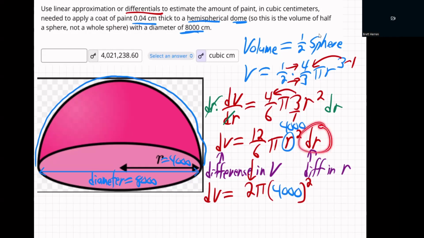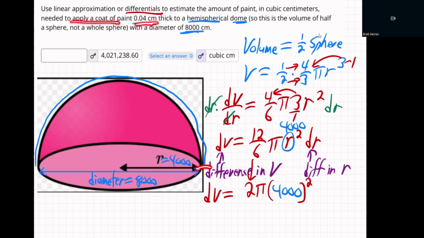And then the trickiest part. What about dr? What's dr? Well, that stands for difference in radius. How's the radius going to change when we add that layer of paint? Now you might say, well, it's 0.04. Well, no, actually... we're going to apply a coat of paint 0.04 centimeters thick. Oh yeah, I think it is 0.04, isn't it?